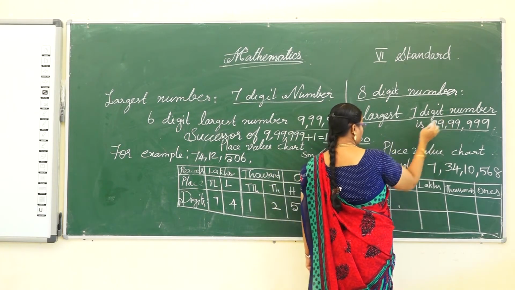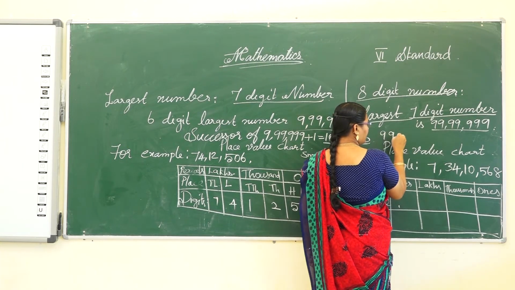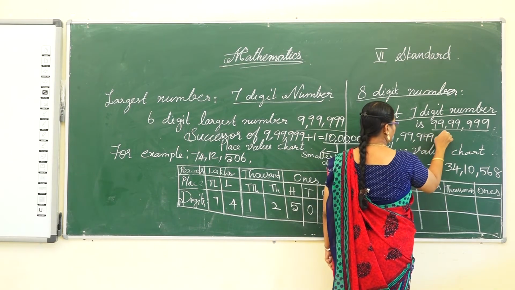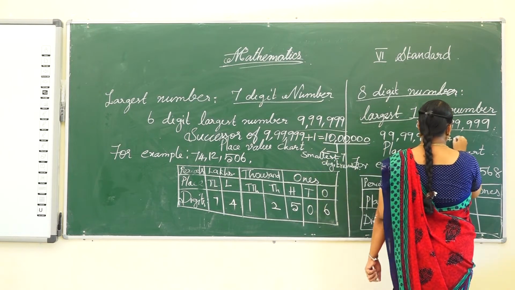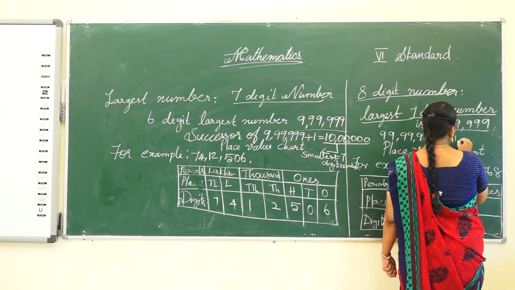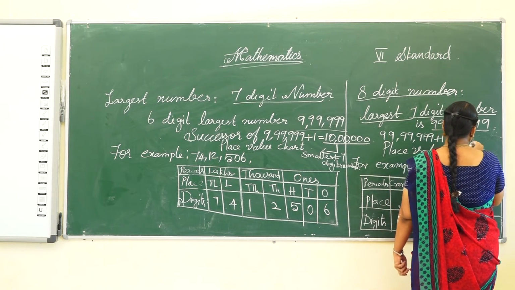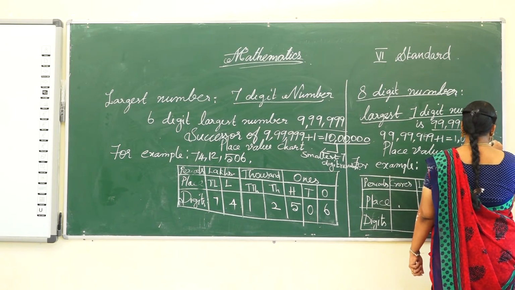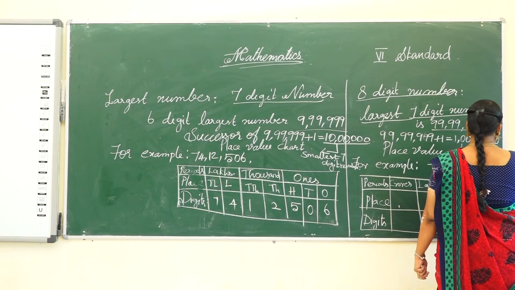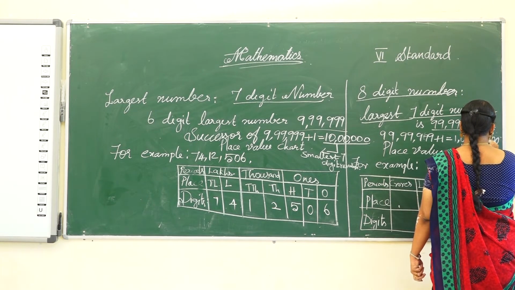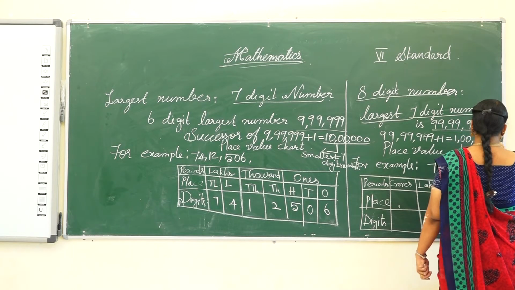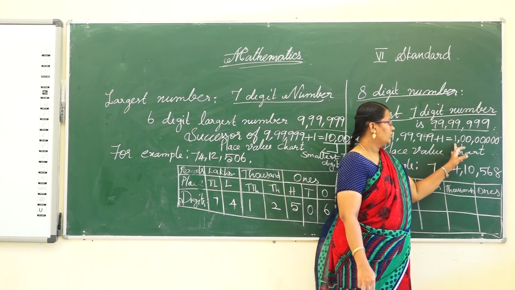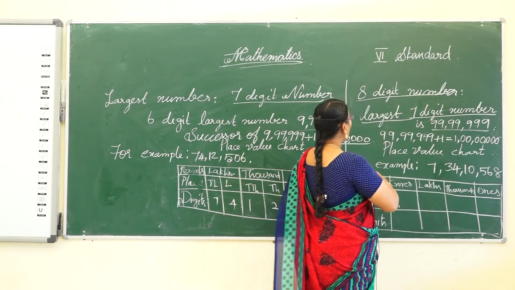I want to add 1 to this number. We get 1 crore. One crore is the smallest 8-digit number.